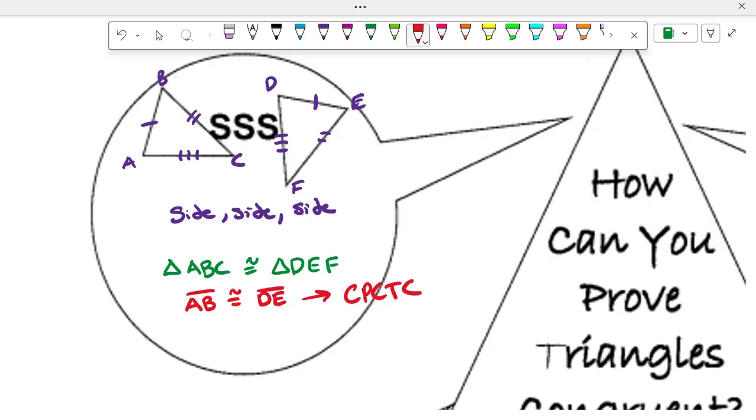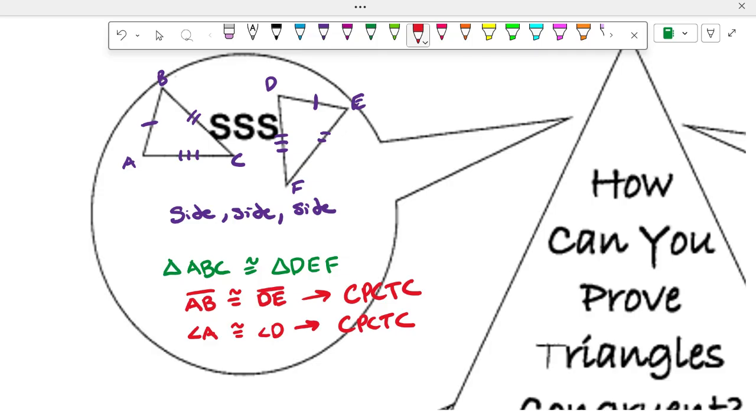Or I could say that angle A is congruent to angle D because of CPCTC. Because think about it logically, if we already showed that the whole triangle, so every piece of that entire triangle, is congruent, wouldn't that mean the individual parts are congruent, if the entire triangles themselves are congruent? Isn't that true? Yeah. All right.